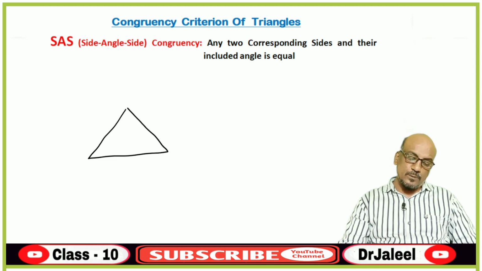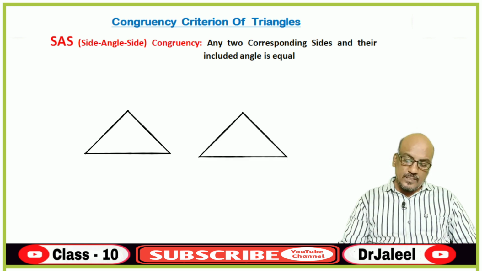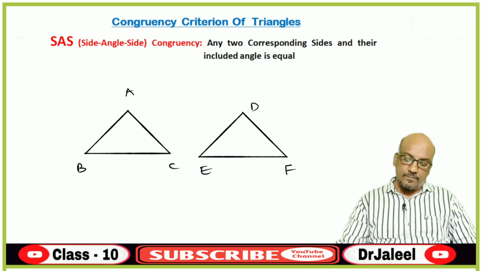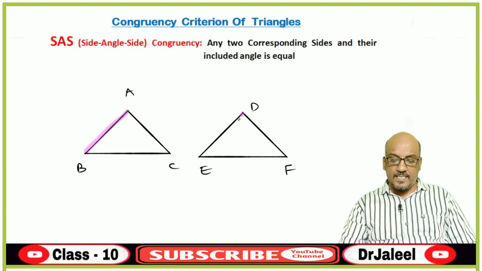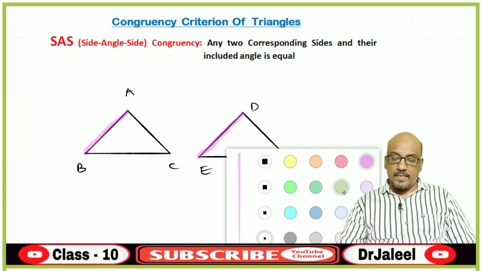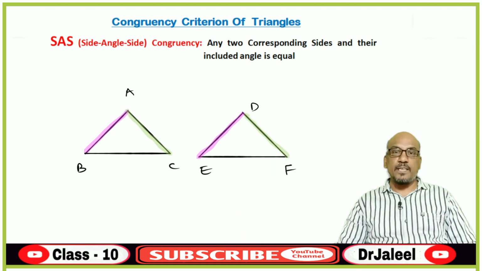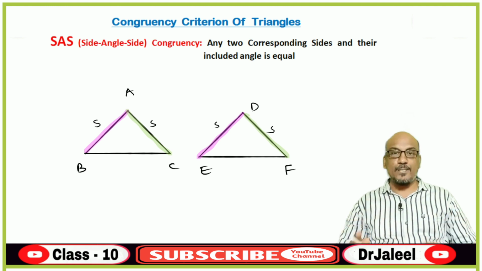So let me take two triangles, one and the second. Let me name them as ABC and DEF. So children, suppose you come to know that AB is equal to DE and AC is equal to DF, that means two sides are equal. Side is equal to side, side is equal to side. But about the third side you don't know.